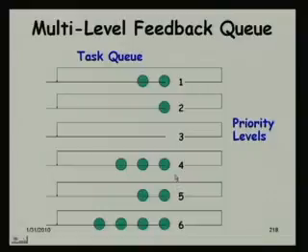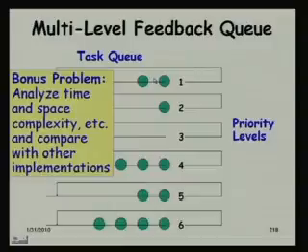So, please submit your answer on the analysis of the implementation. If there is a good answer, we will give some bonus marks for the answer. So, that is, analyze the time and space complexity for the multi-level feedback queue and compare with the other implementations.